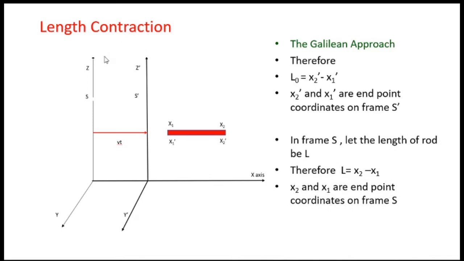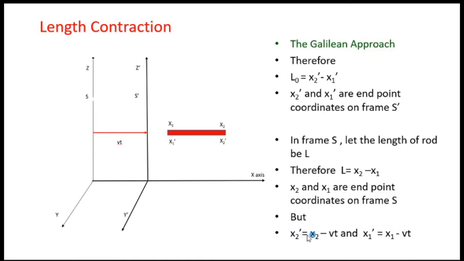Now if you take into consideration the S frame, then suppose the length of the rod is L. In that case, L is equal to x2 minus x1, where x2 and x1 are the end point coordinates of the rod in the frame S. But we know, according to Galilean transformation, x dash is equal to x minus vt.